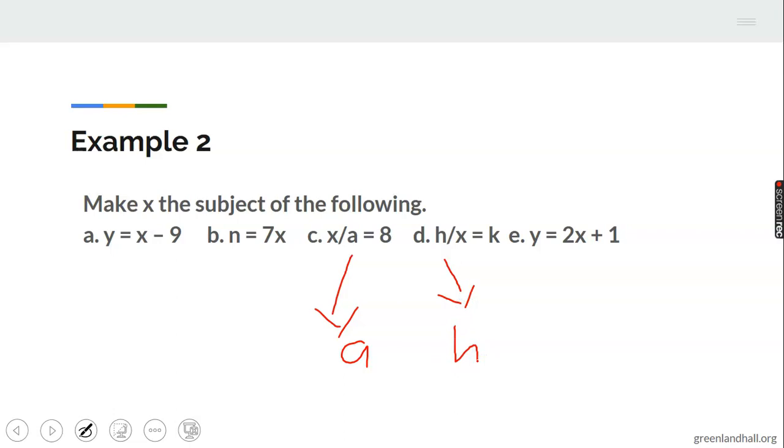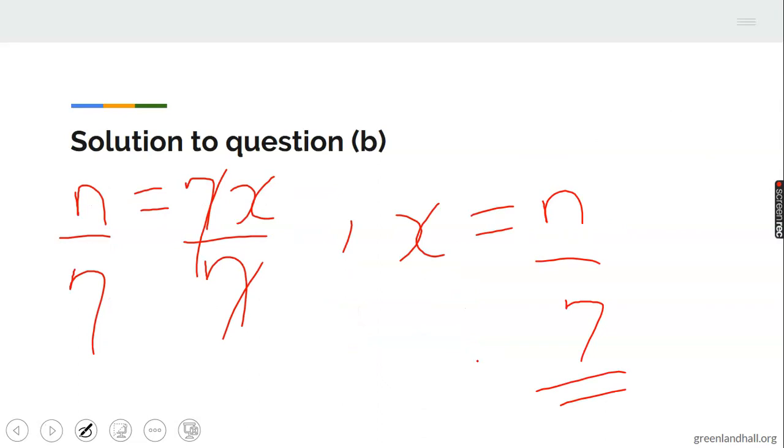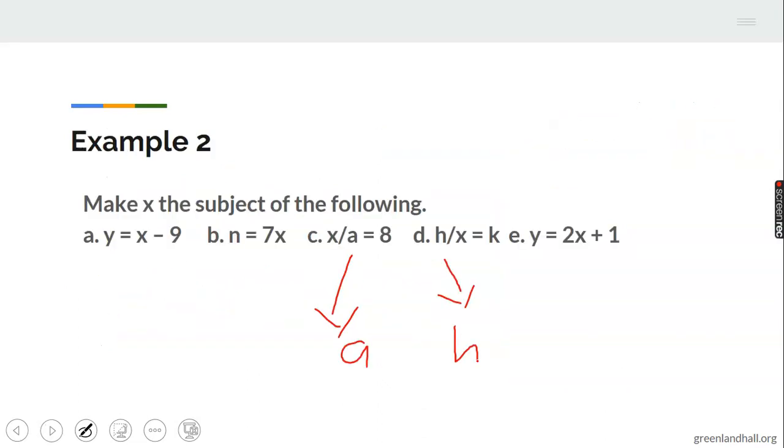Okay, do that for me. Make a the subject of the formula in C. Then make h the subject of the formula in D.